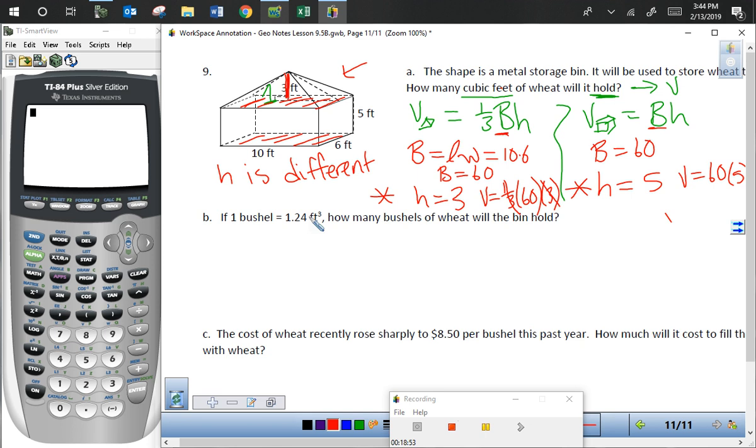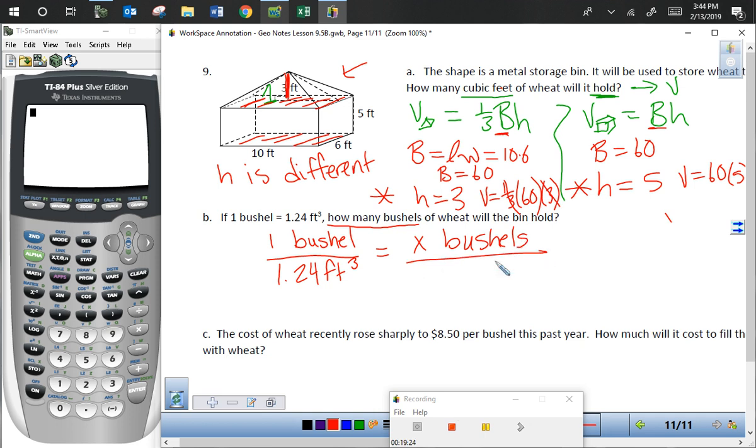We do know that 1 bushel is 1.24 feet cubed. It's important to keep these labels on there because that tells you what to put on the other side. It says how many bushels, so that's our X. Bushels go on top, so we say X bushels on top.